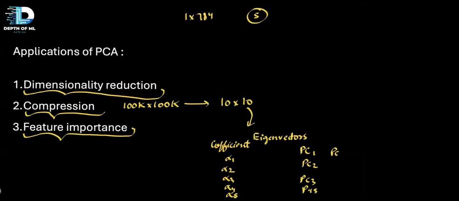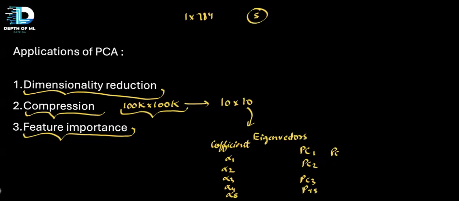So earlier we were not reducing the features, but we are reducing their variance. We are removing the dimensions which have the lowest variance, but not the features completely.